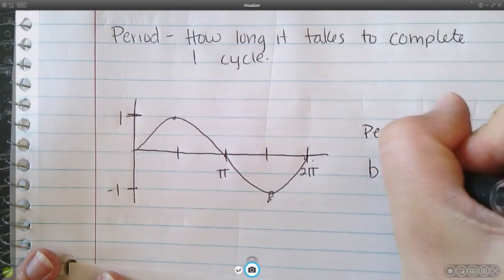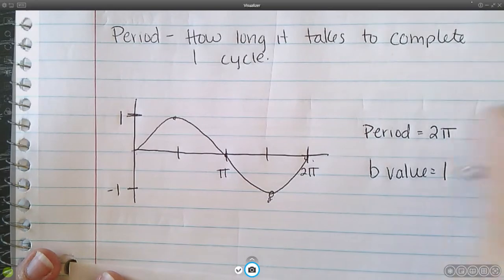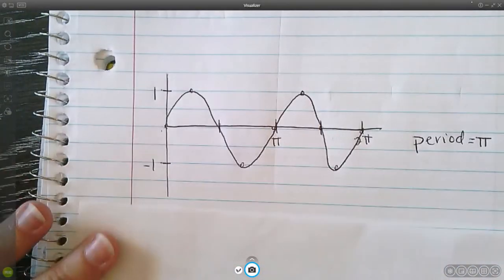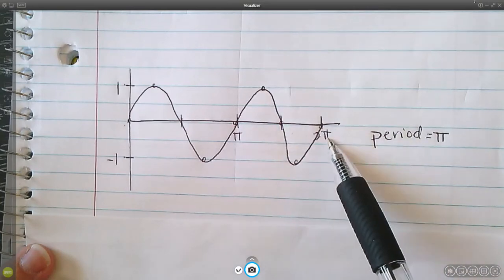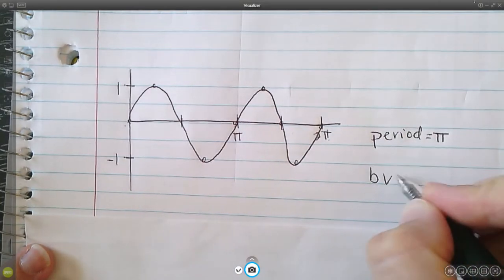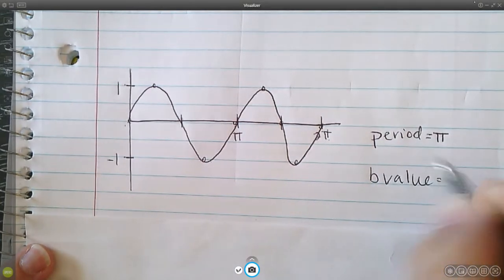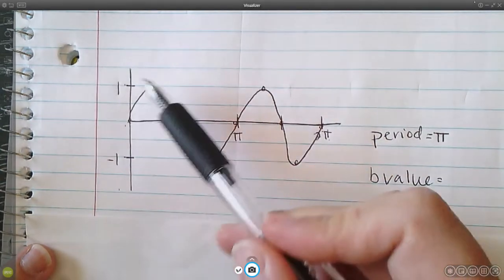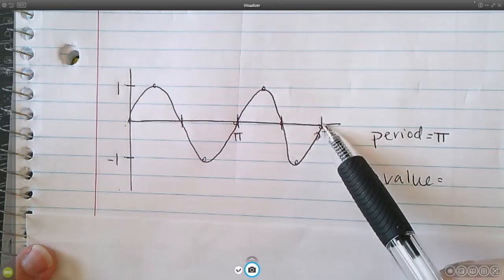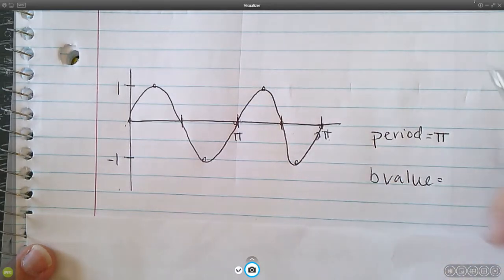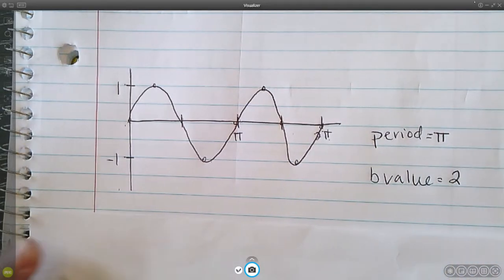So this b value equals 1. This one, how many cycles happened within 2 pi? Well, remember it went 0, high, 0, low, 0, so there's 1, and then 0, high, 0, low, 0, there's 2. So this b value is 2.